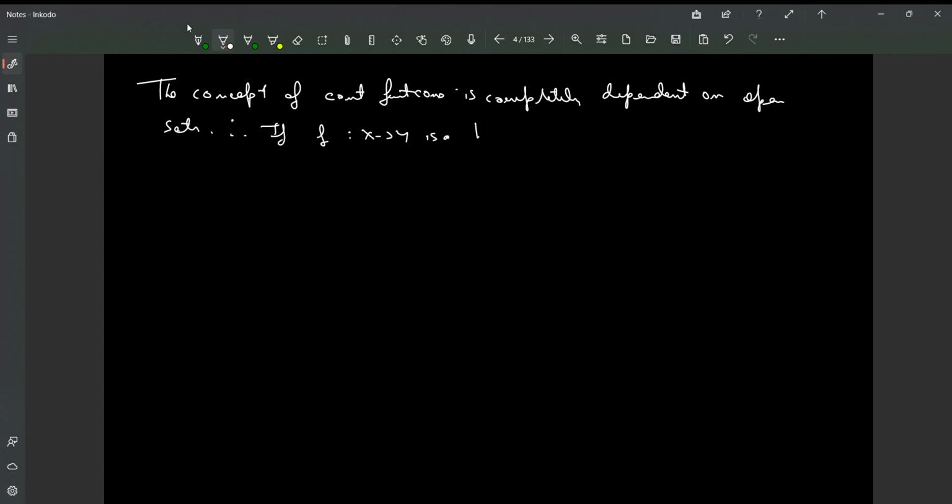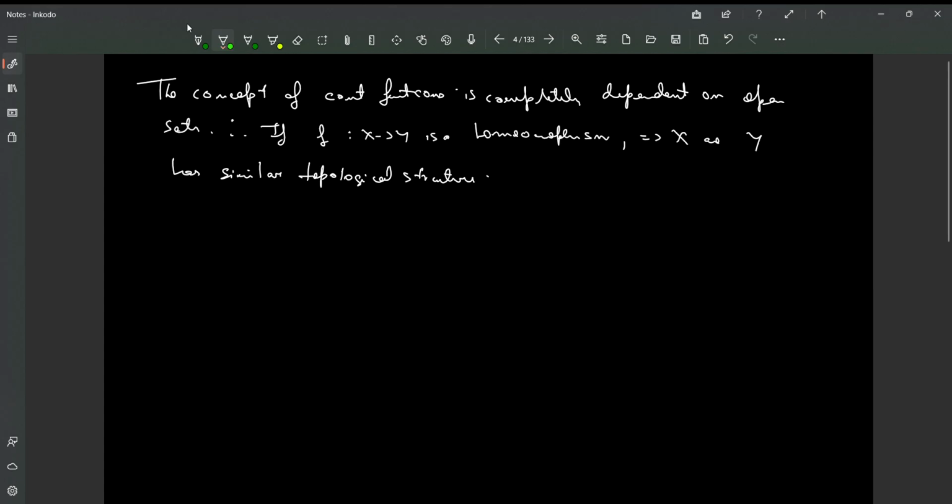Therefore, if f from X to Y is a homeomorphism, doesn't it readily imply that X and Y have the same topological structure? Why is it so?